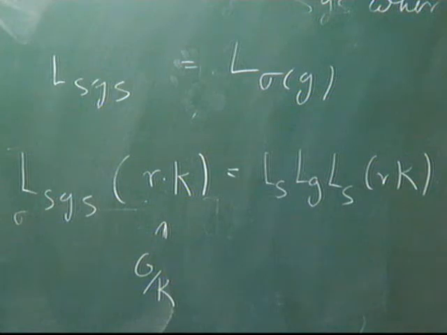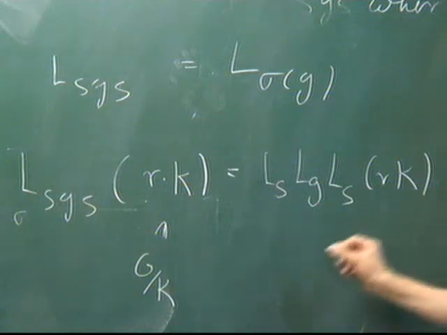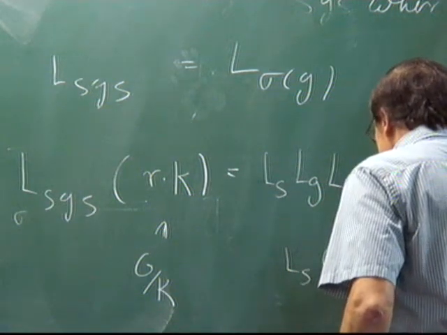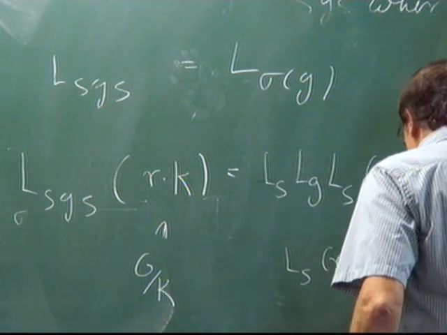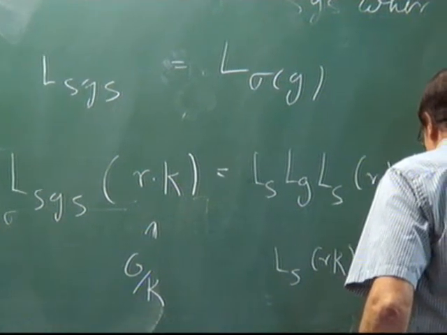What's L_s applied to rK? I claim it is sigma of r times K.